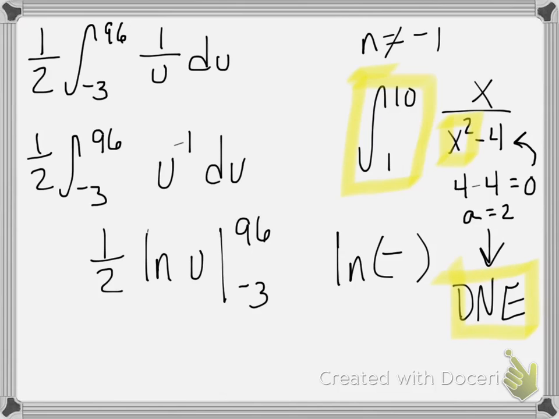Or as far as integrals go, since we're dealing with area, they call it does not converge. So anyway, there's that for that one, at least for now, since we're just now learning these things.